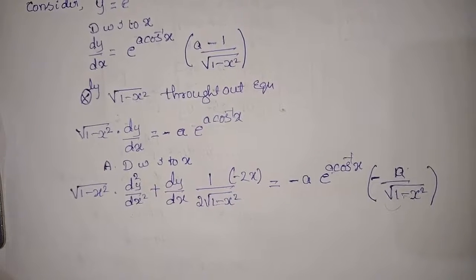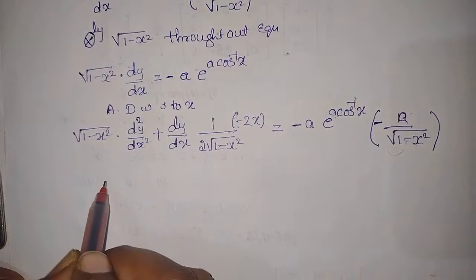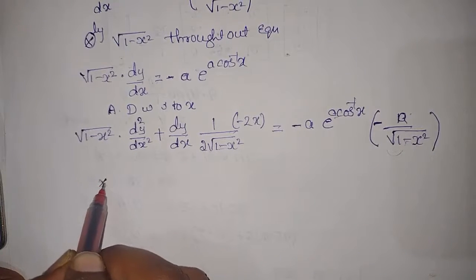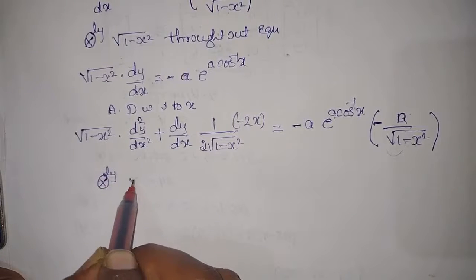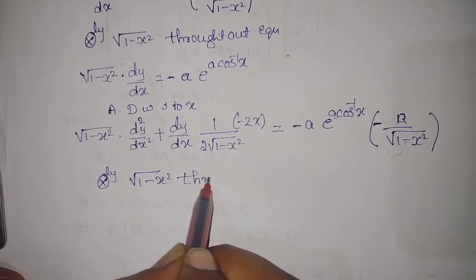Clear? Then afterwards again multiply root of 1 minus x square throughout the equation.